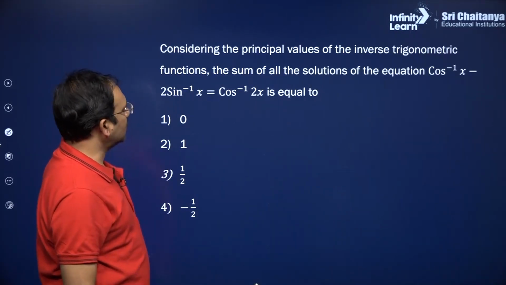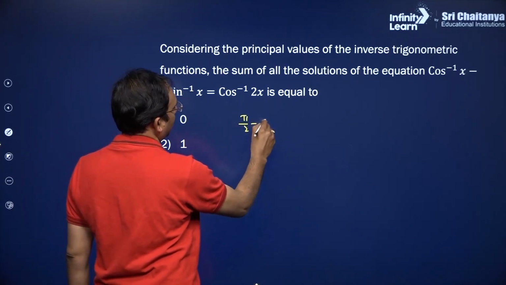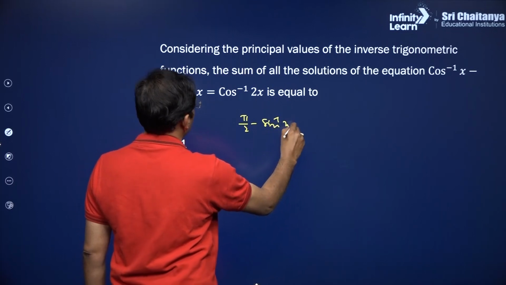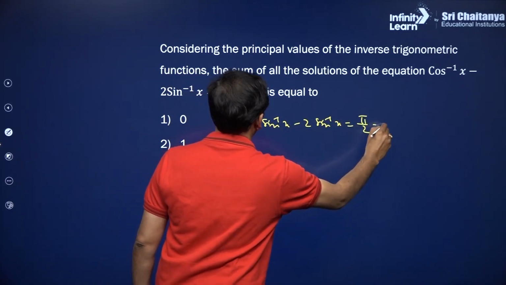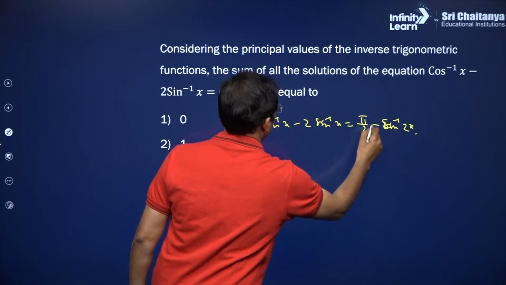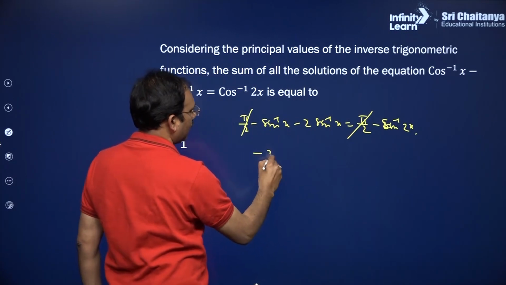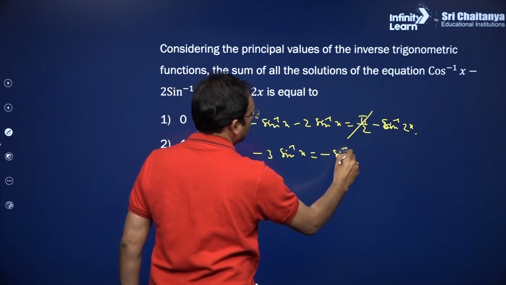Next, considering the principal value of inverse trigonometry, you see cos inverse x, you can write pi by 2 minus sin inverse x, minus 2 sin inverse x is equal to pi by 2 minus sin inverse 2x, right. So pi by 2 gets cancelled, minus 3 sin inverse x is equal to minus sin inverse 2x.